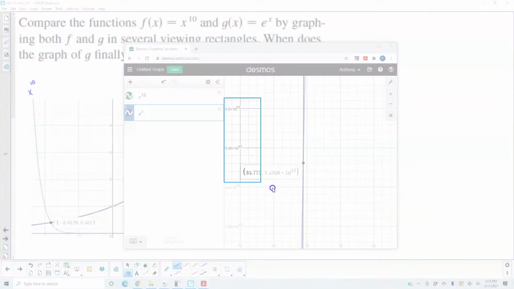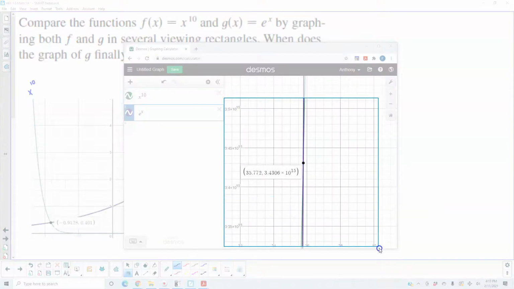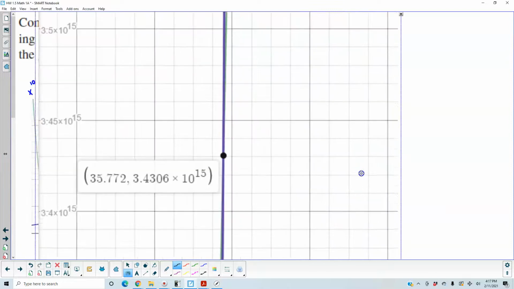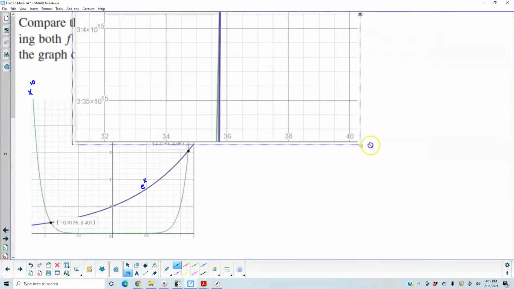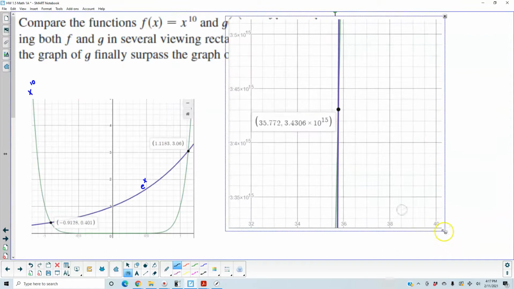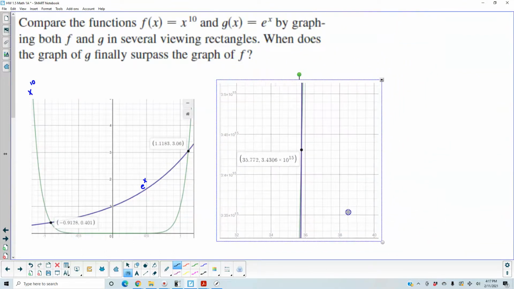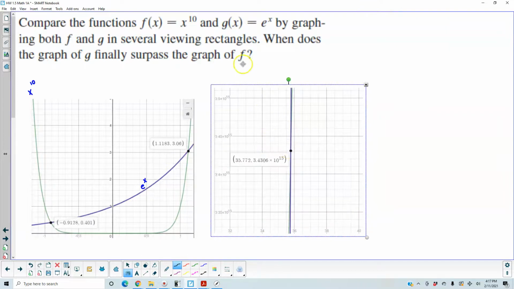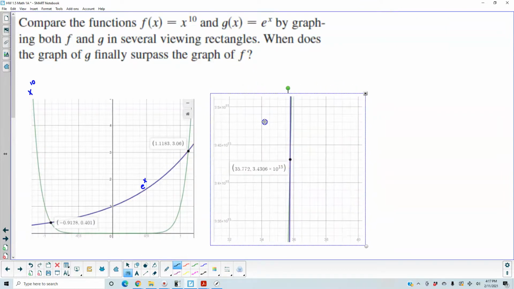So that's when the graph of g surpasses the graph of f. Here in purple we can see that this graph is now rising faster than the one in green, which is x to the 10th.